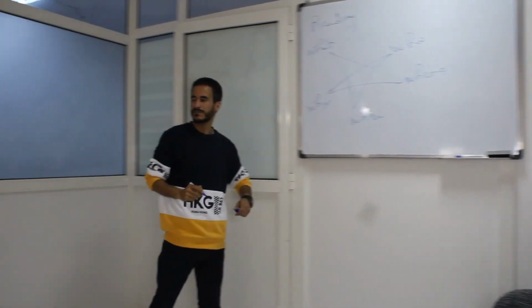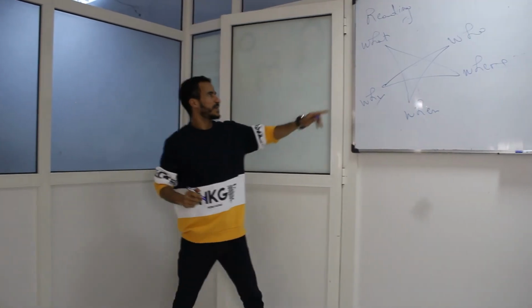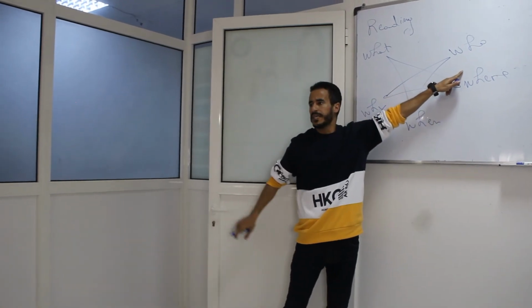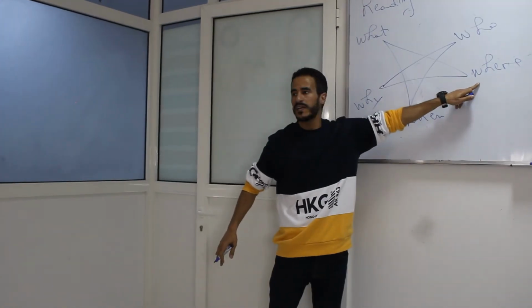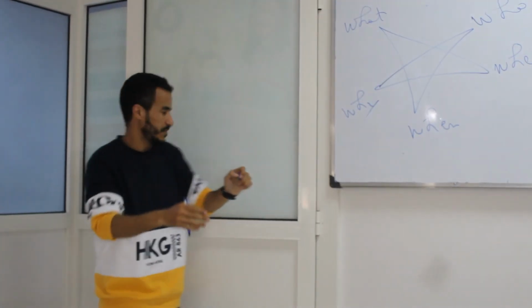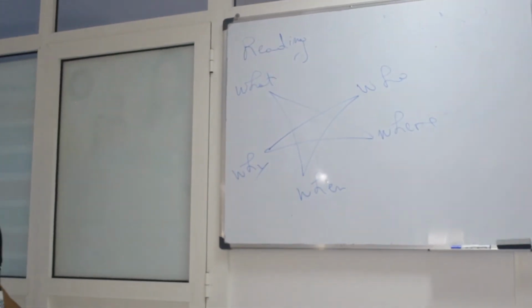And this is the star. It's an activity. Look at the picture. What is it about? Who are they? Where are they? When? And why are they doing that task?